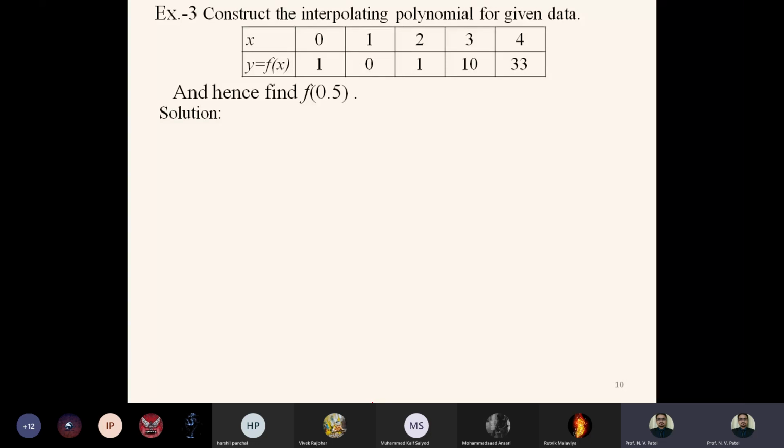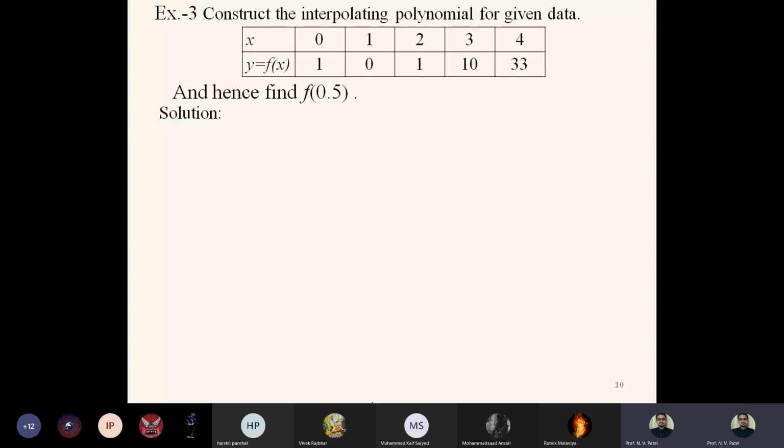Once you get this polynomial, you can calculate any value of x, for example f of 0.5. So first of all we have to find the polynomial which satisfies these given values.